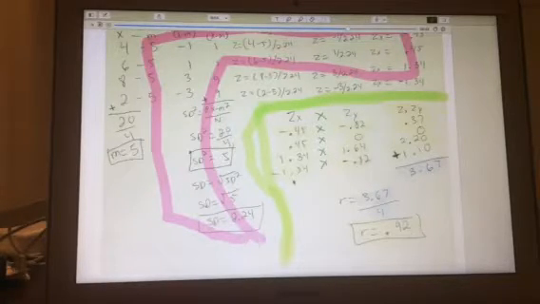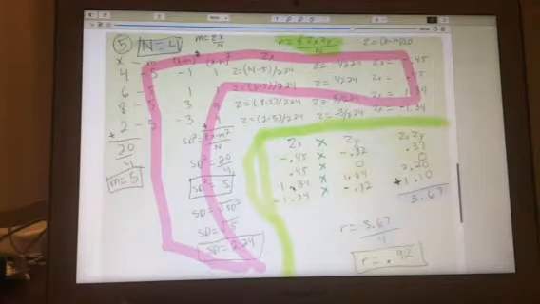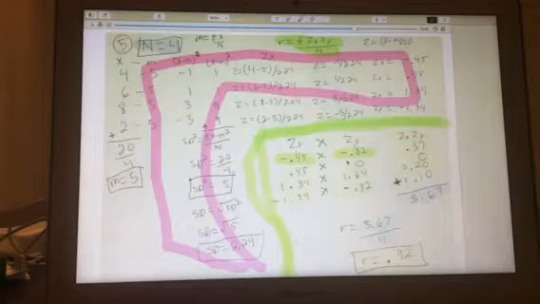So again, plugging it into the formula, we have r equals the sum of the cross products of zx, zy over n. So again, now we multiply negative 0.45 times negative 0.82, and we get positive 0.37. 0.45 times 0, we get 0. 1.34 times 1.64, we get 2.20.